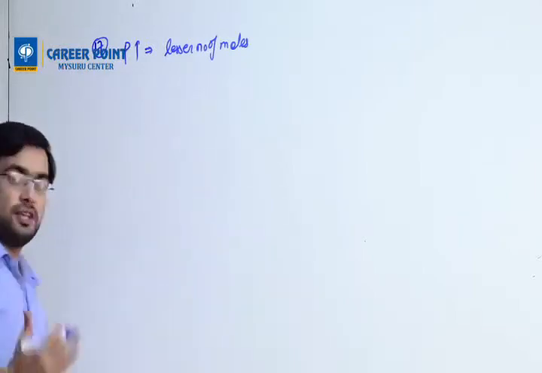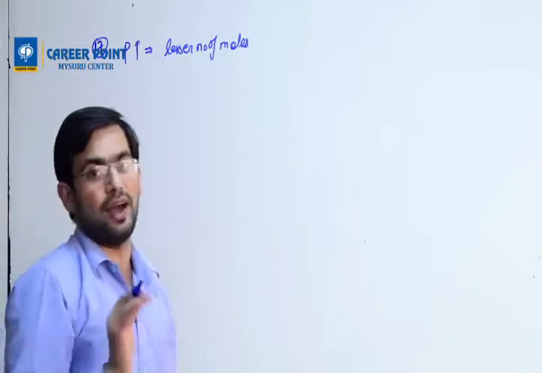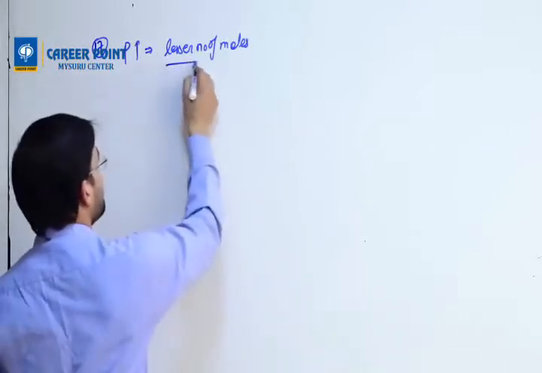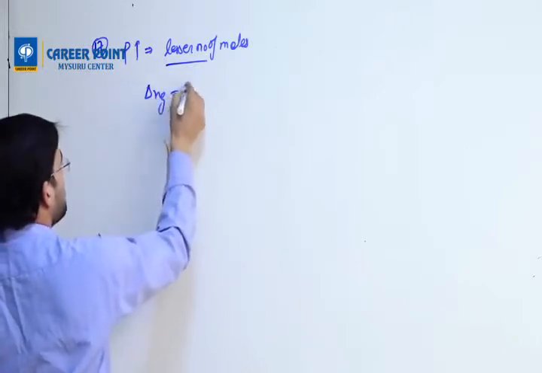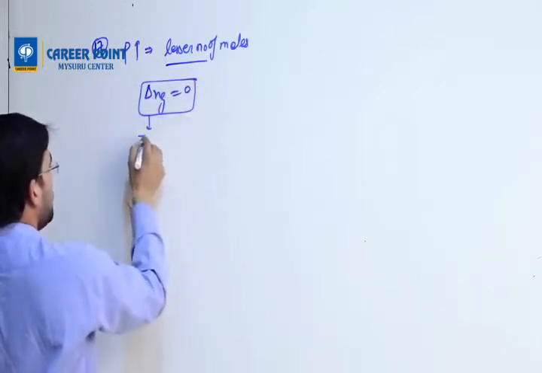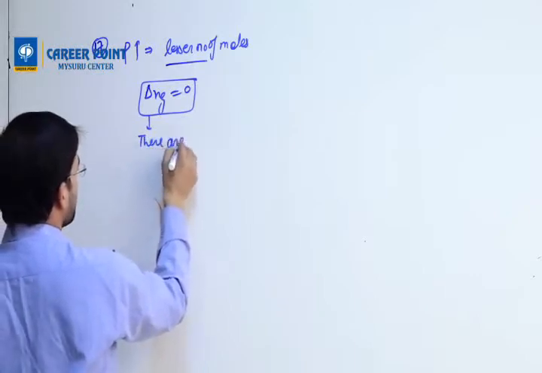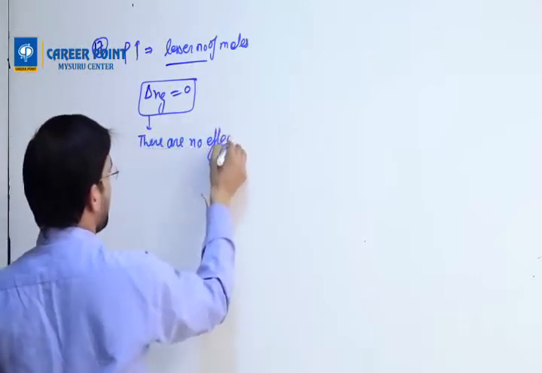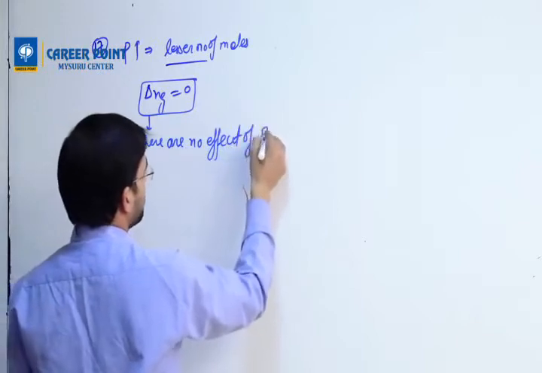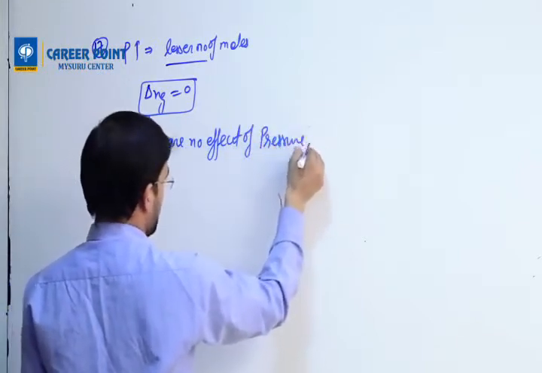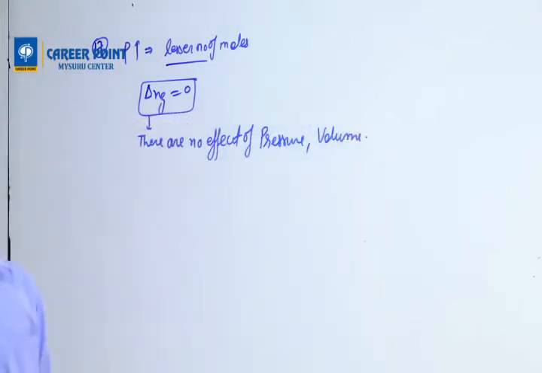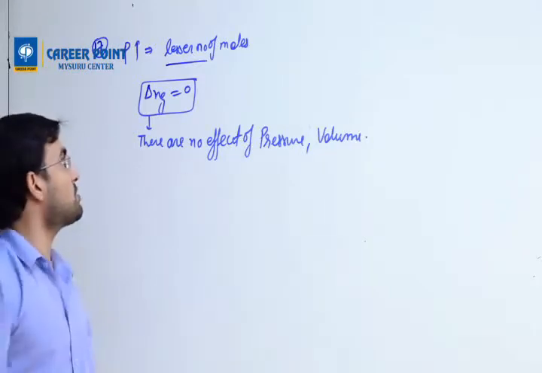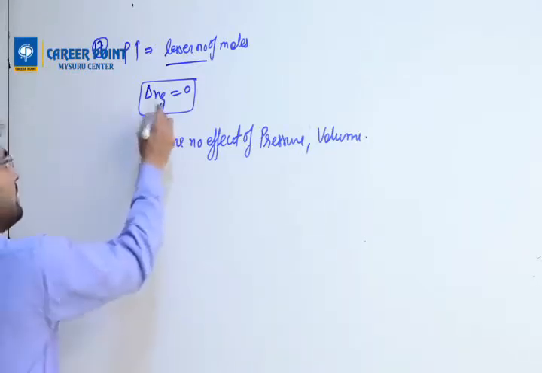But if changing pressure should not have any effect, there should not be any side lesser or higher. It means those reactions where delta Ng is equal to 0 have no effect of pressure and volume.